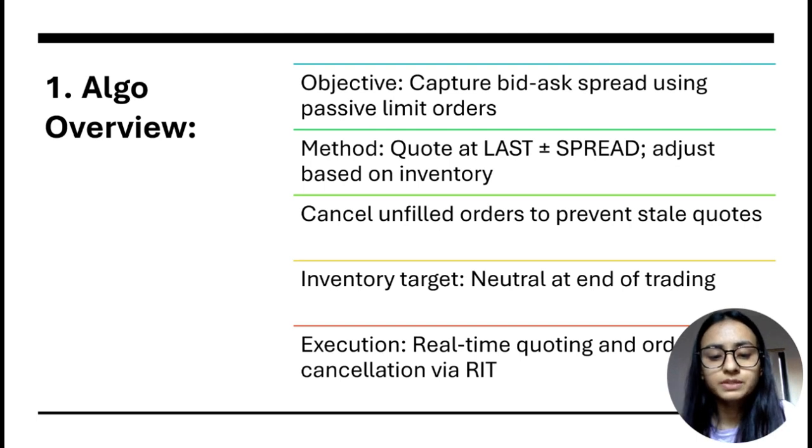The logic involves submitting one bid at last minus spread and one ask at last plus spread, cancelling orders if only one side is active or a trade is partially filled, and dynamically adjusting order volumes based on inventory to keep the position close to zero. And from the next slides, Kirupa will take over.